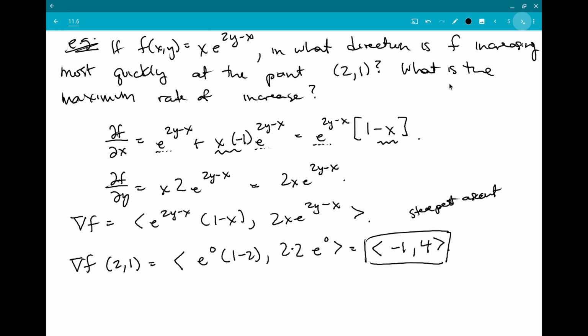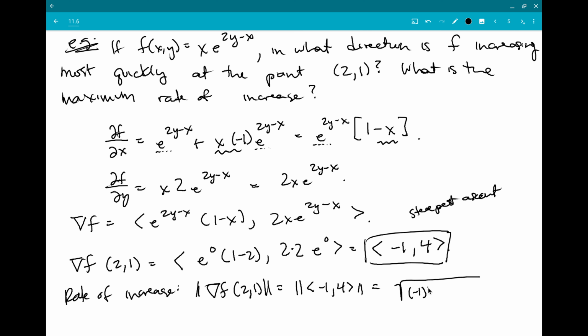And so the rate of increase is just the magnitude at that point. So that's going to be the magnitude of minus 1, 4. So that's the square root of minus 1 squared plus 4 squared.